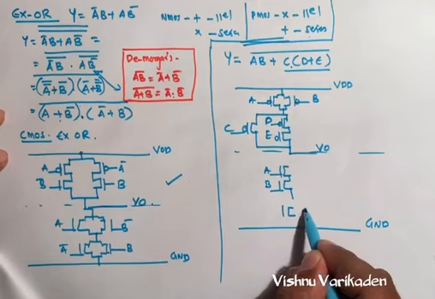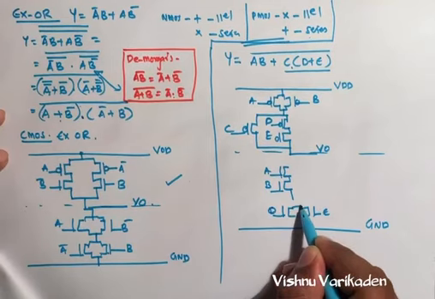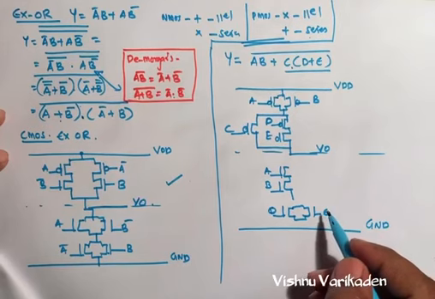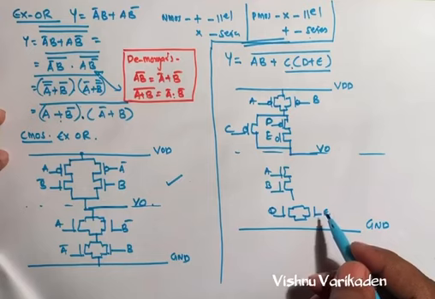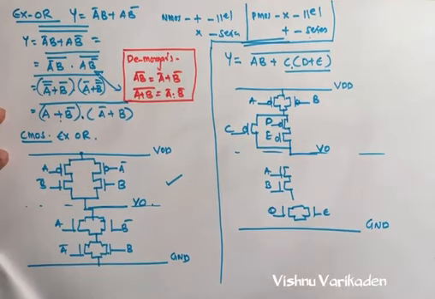So this one is parallel. So this D and E is the parallel one, and that comes to a series one. So we can make this one a series one.